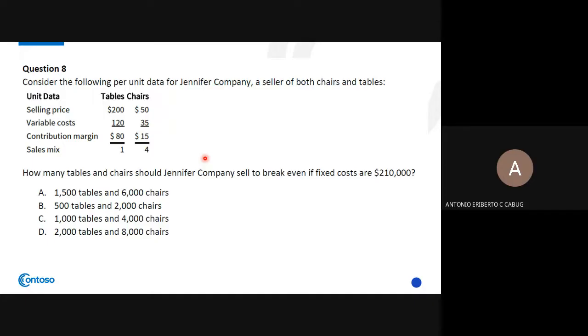Ulitin ko ha, kapag sinabing sales unit mix lang, you assume it to be unit mix.